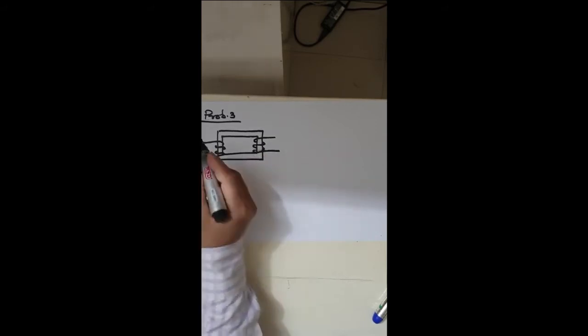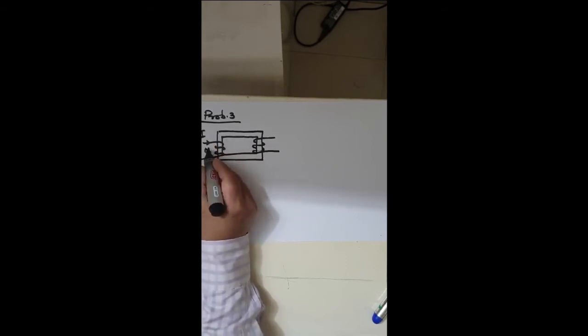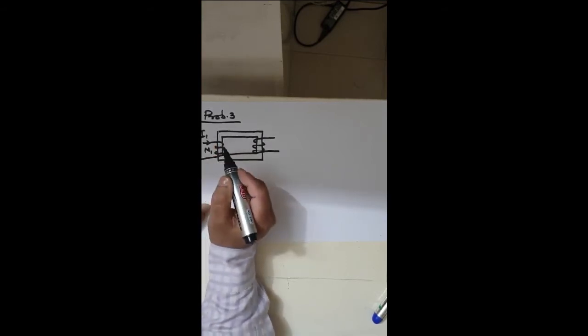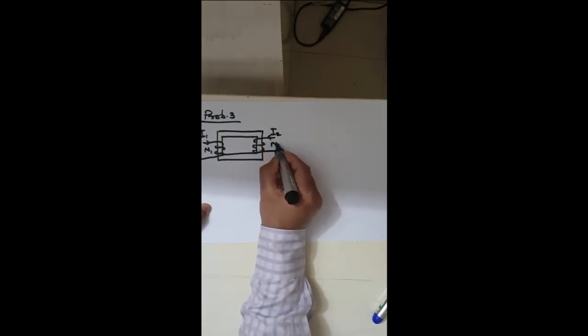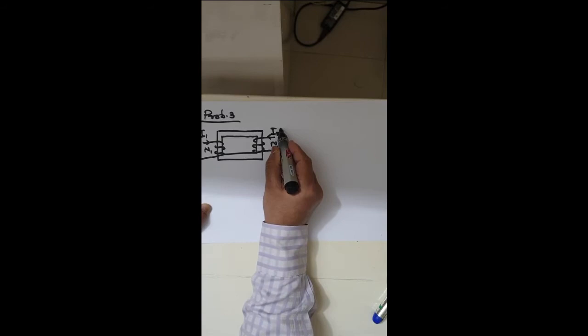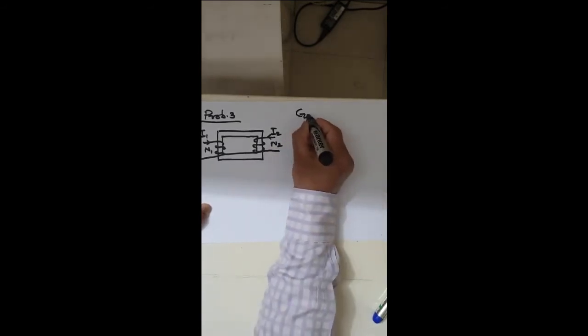In the primary side, the current flowing through that is I1, and the number of turns is N1, and the current in the secondary side is I2, and the number of turns is N2.